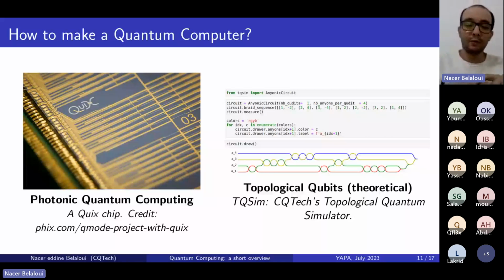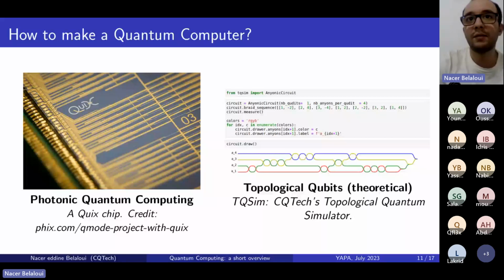So in topological quantum computing, instead of storing the information on local particles, we spread the information over a topological material. If you want to change the quantum information, you'd have to spend a lot of energy to change the property of the whole material. We can actually see here this colorful braid.